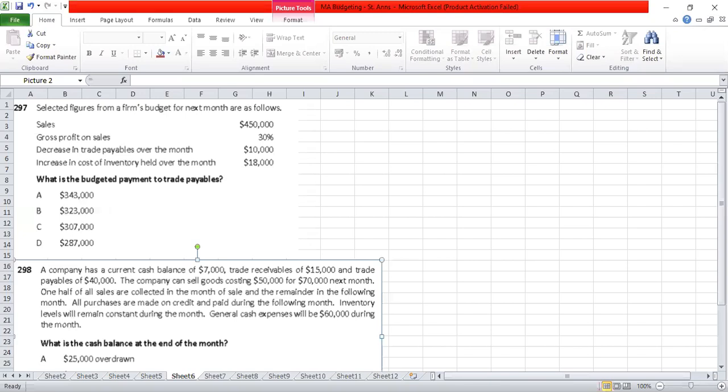Increase in cost of inventory held over the month is 80,000. So what is the budgeted payment of trade payables? Any clue?